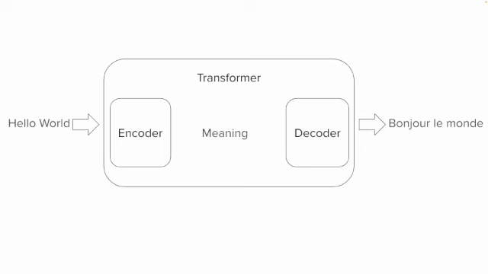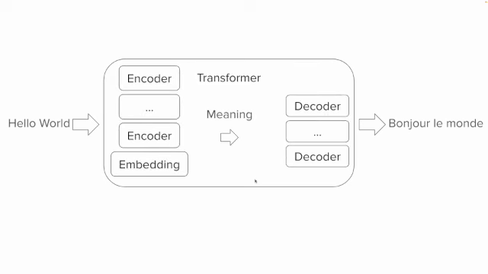And that meaning it then takes and puts through the decoder, through different layers, and out comes the same thing but in French. As you can see, two words in the sequence gave you three words in the output, but the meaning is preserved.